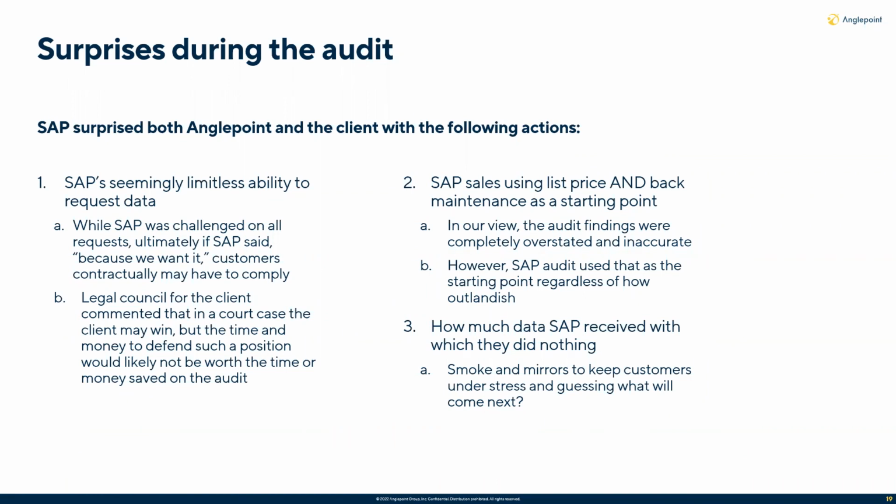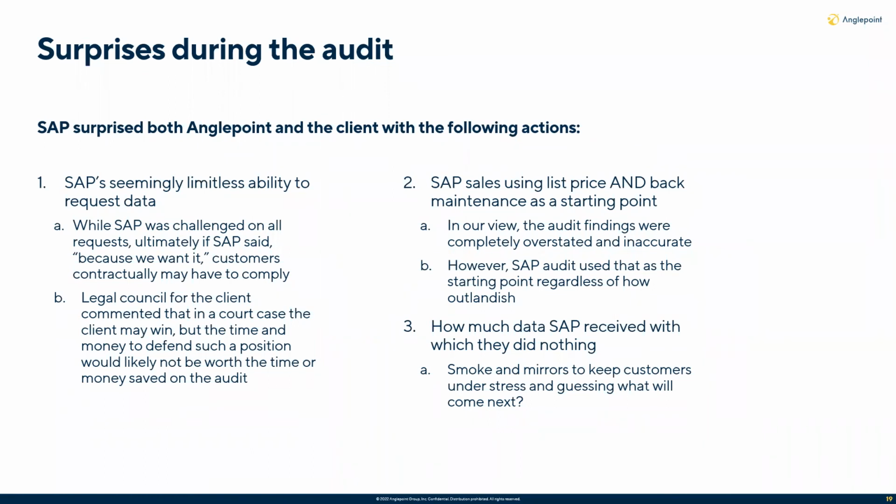Another surprise that we had was they collected an immense amount of data. We've already gone over that, but they didn't seemingly do anything with it. So a lot of the data that was provided, we never got a report back to say, this is why these users needed these licenses or anything like that, which is interesting.